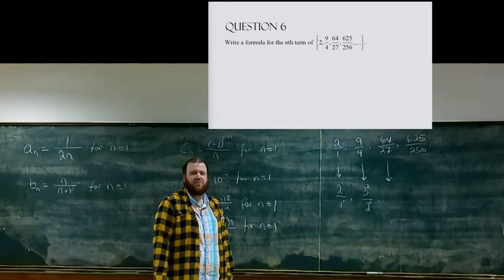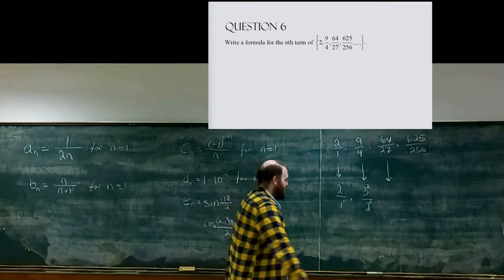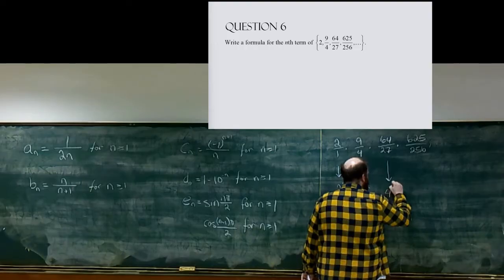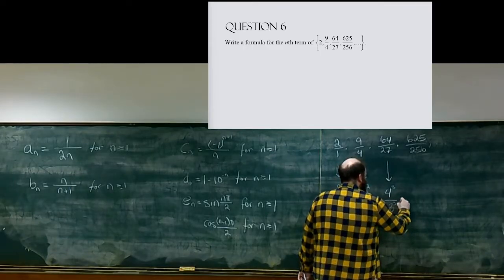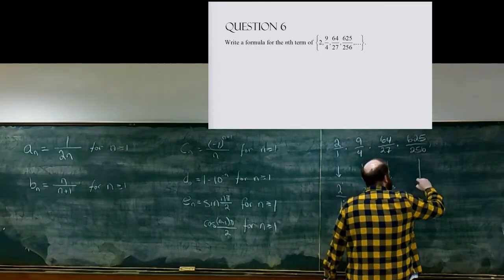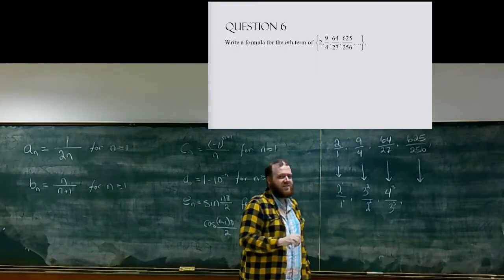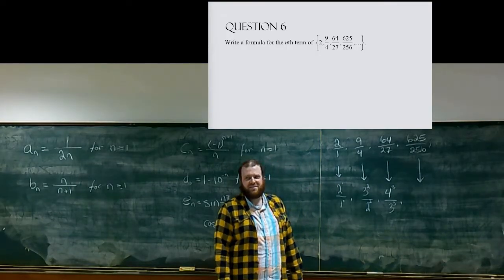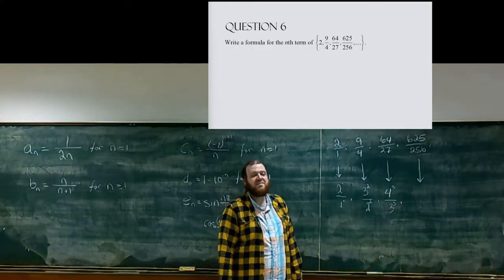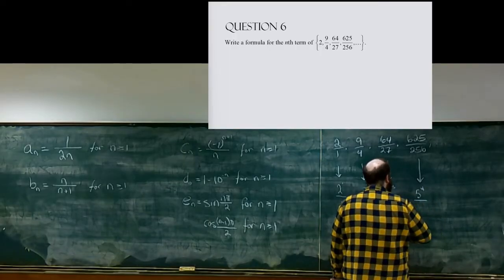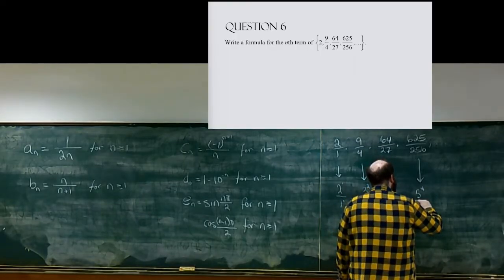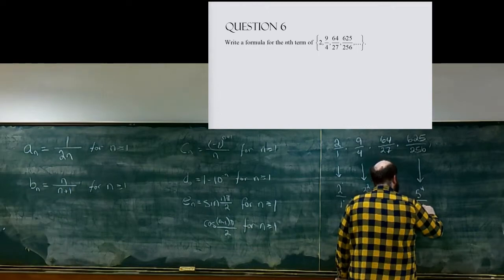So 64 is 4 cubed, isn't it? What about 27? 625. What is it? 5 to the 4th. 256 is 4 to the 4th.